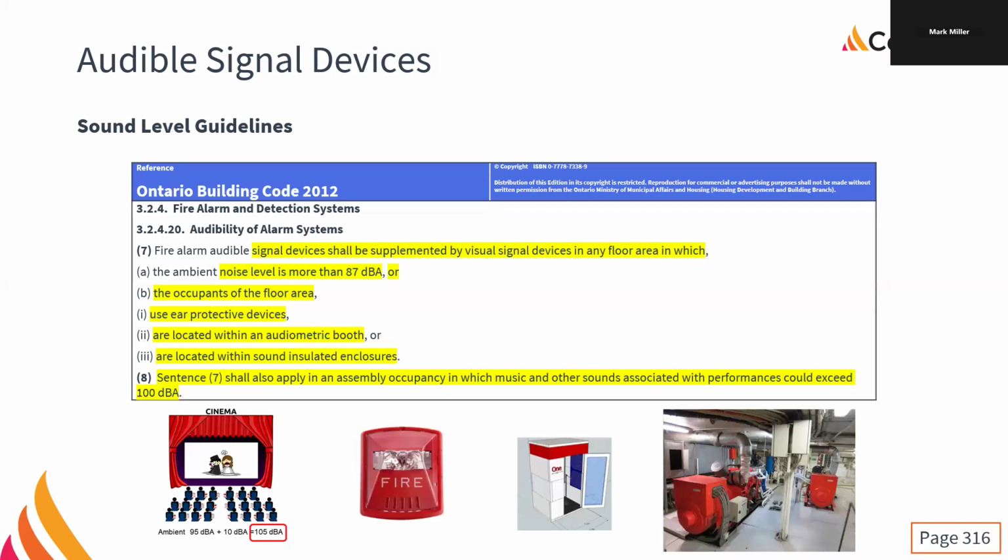But that's for when we have people inside audiometric booths or inside sound insulated enclosures. The people who are outside, like the staff monitoring what's going on inside those enclosures, we don't have to put in strobes because they're just in a normal environment, right? We also have to put in visual signals where music and other sounds associated with performances could exceed 100 decibels.